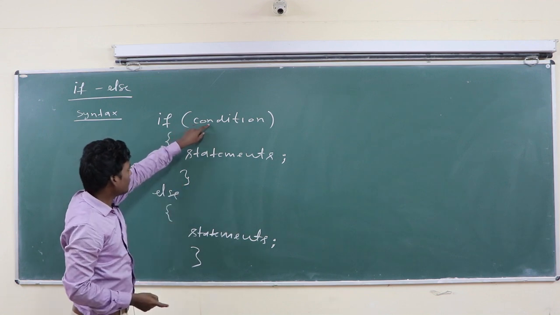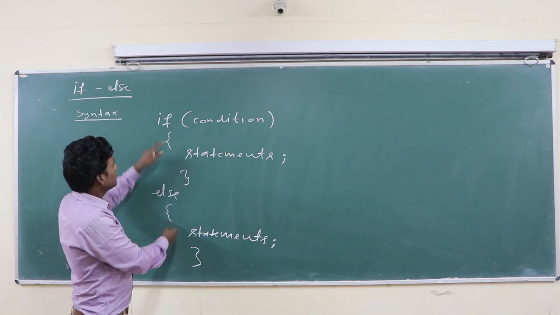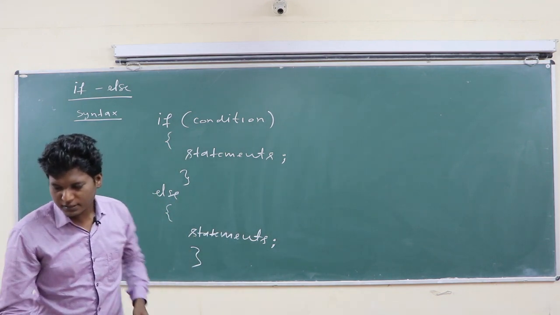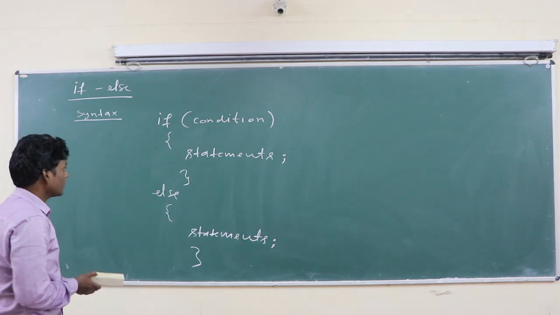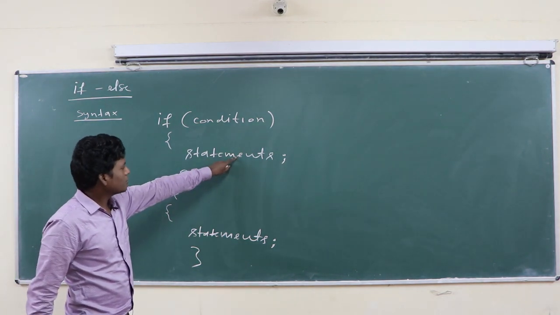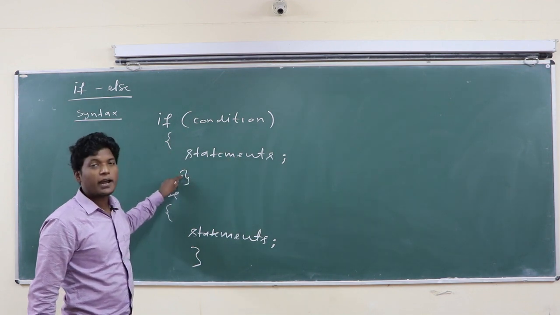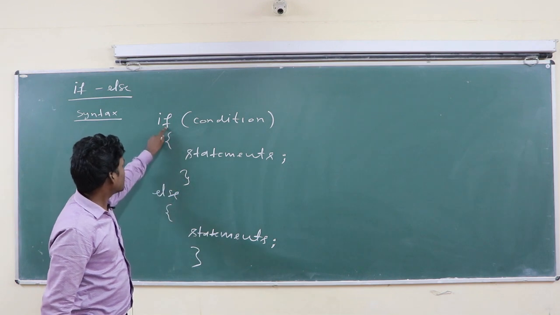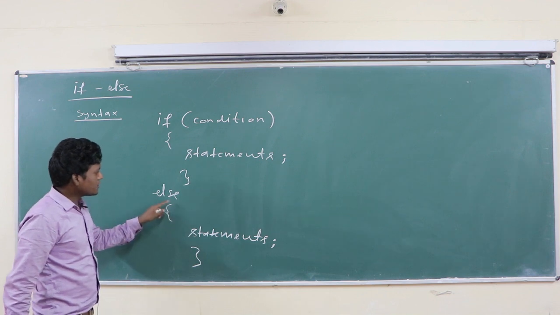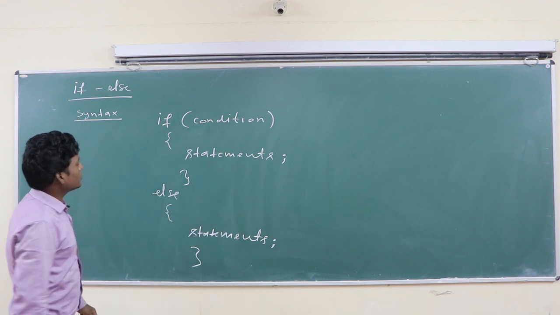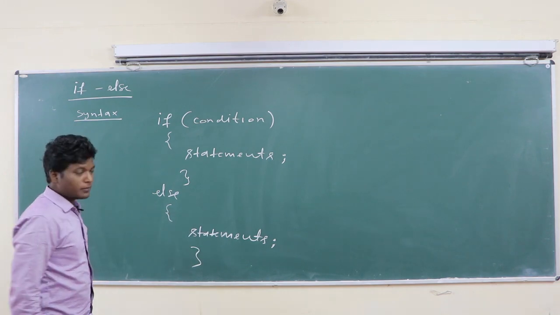If the condition is false, then this set of statements will execute. So this is the syntax of if else. If there is only one statement, then you may drop these brackets, because by default if has a scope of one statement. Same case for else. So this is the syntax of if and else statement.